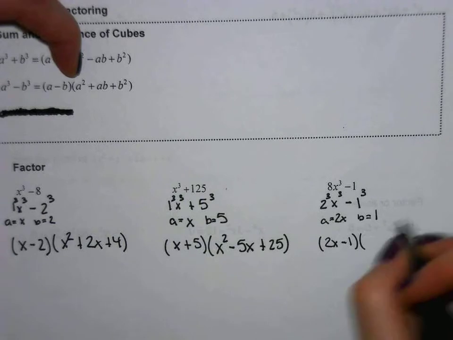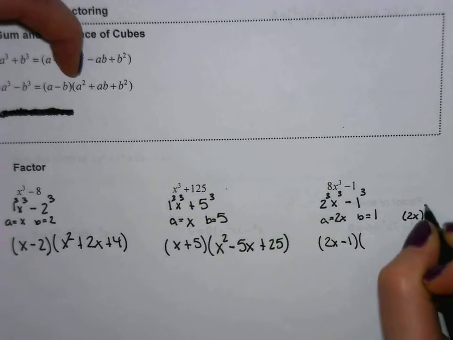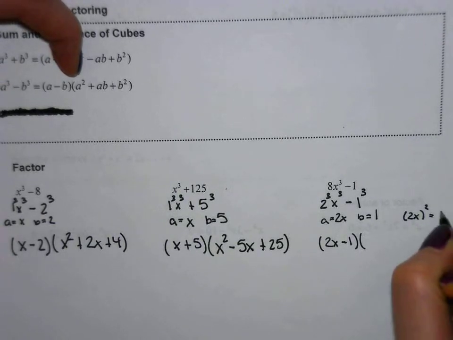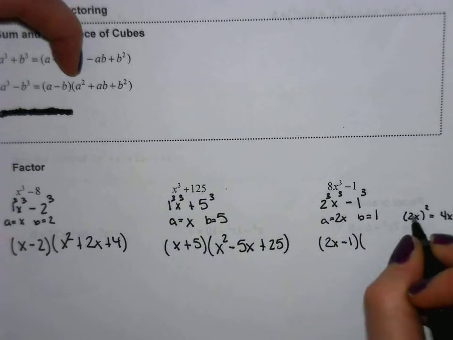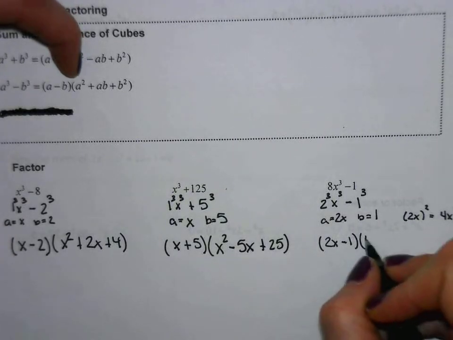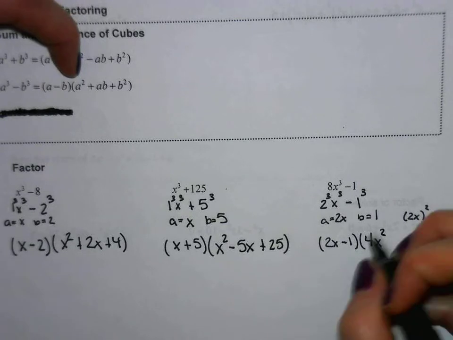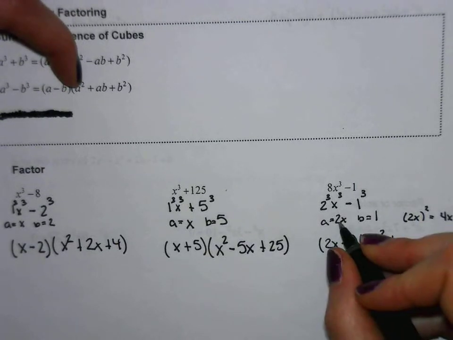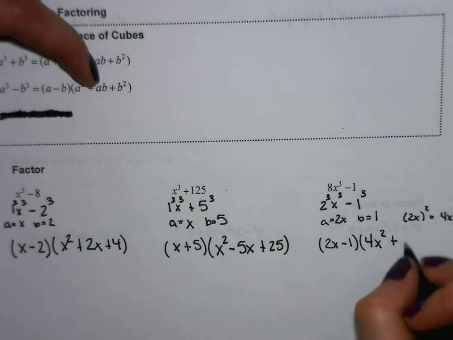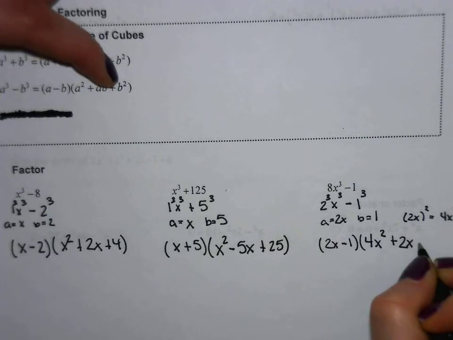A squared, so if we took a, which is 2x, and we square it, it's going to equal 4x squared, because 2 squared is 4, x squared is x squared. So we have 4x squared, plus a times b, so 2x times 1 is 2x. Then b squared, which is 1 squared, so it's 1.